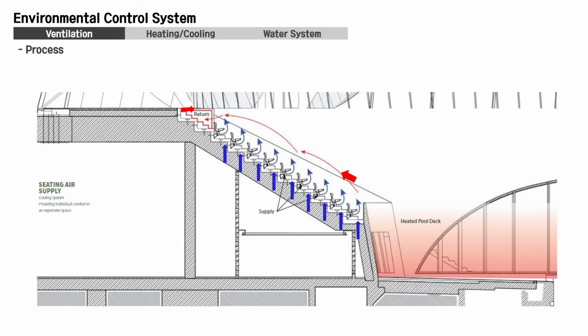Now, let's talk about spectator seating. Each seat is supplied with its own underseat vent, which supplies the desired cool air directly to the individual spectator. The air is cooled with a series of ammonia chillers.